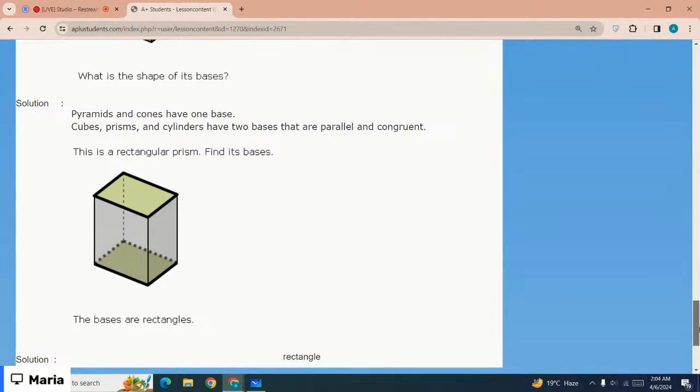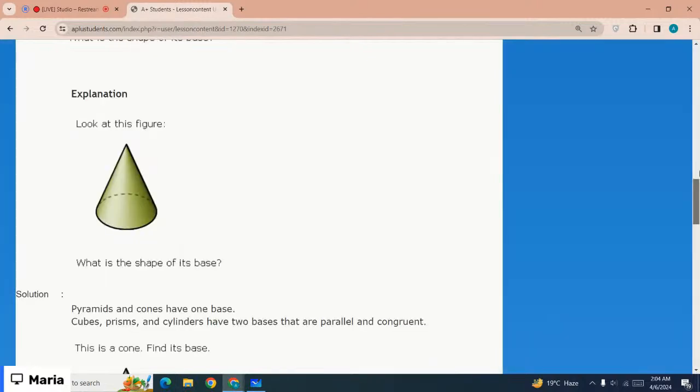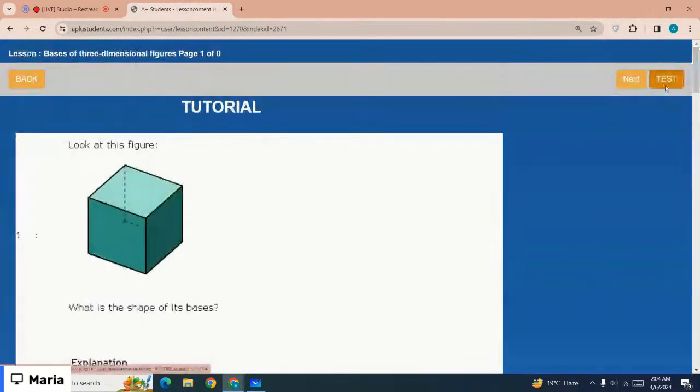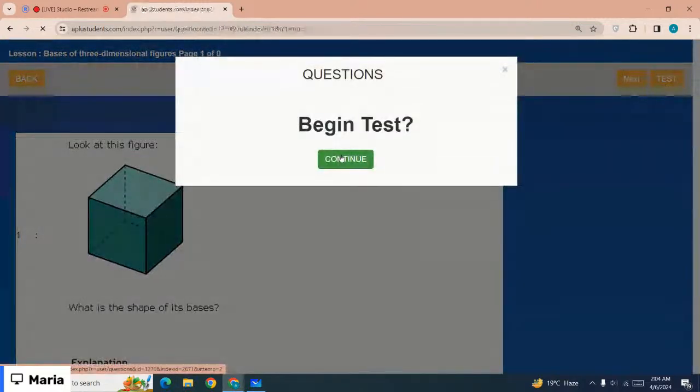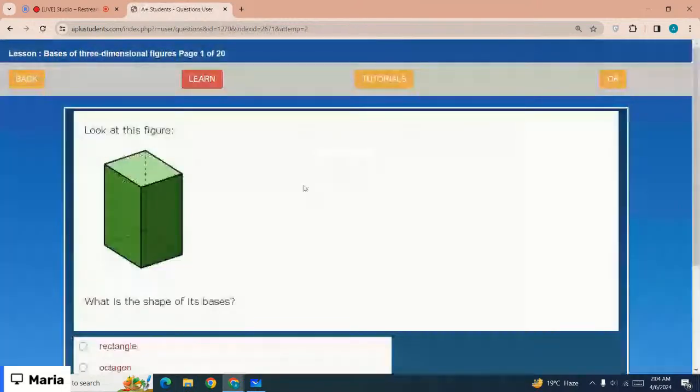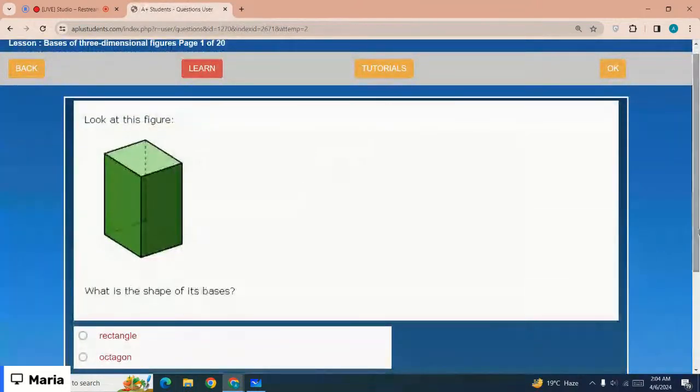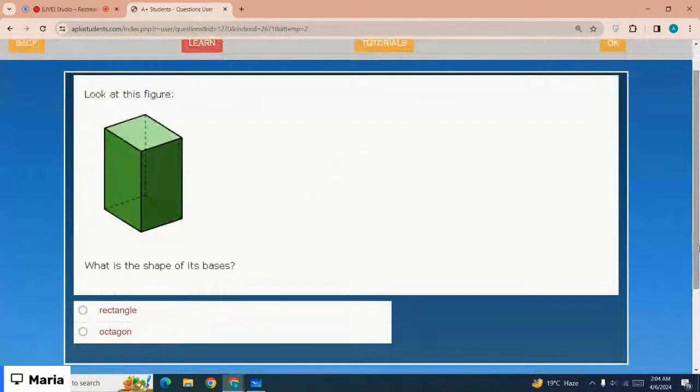Okay, let's just start with the test questions. Look at this figure. What is the shape of its base? Which is the correct option?